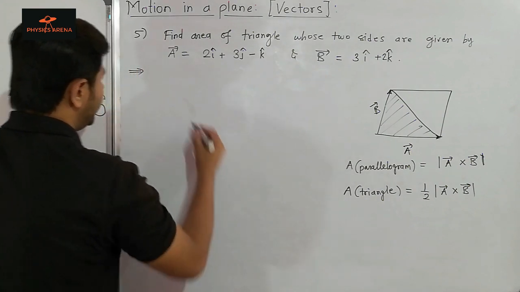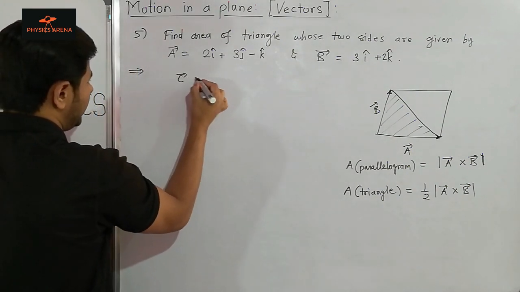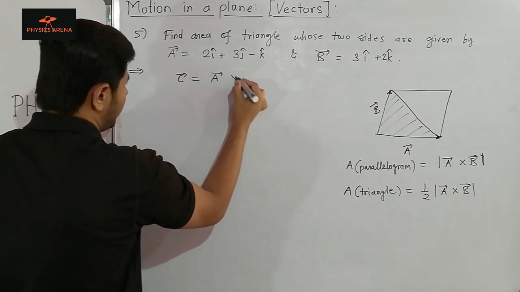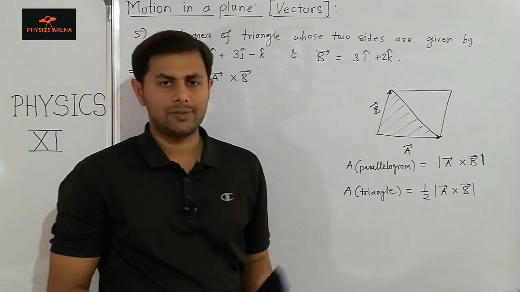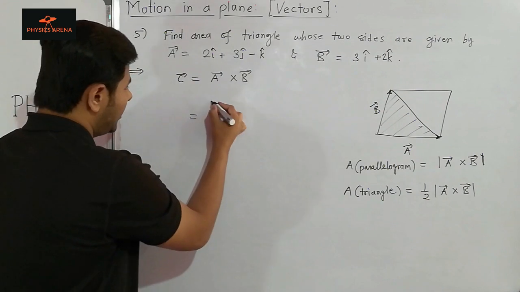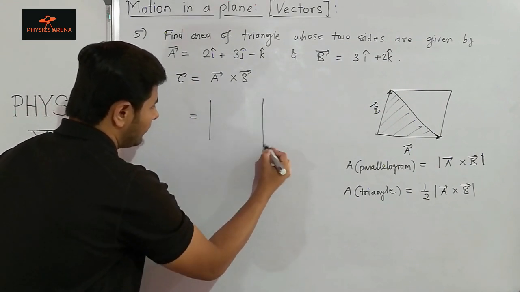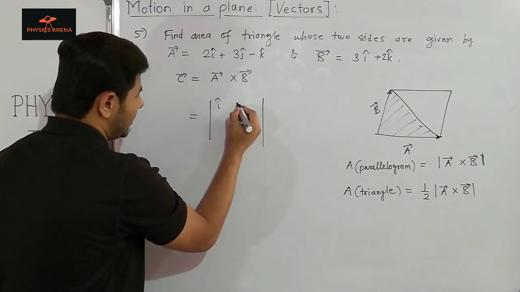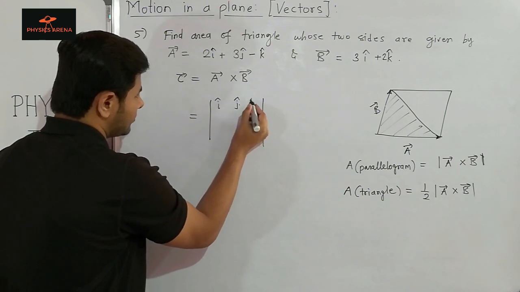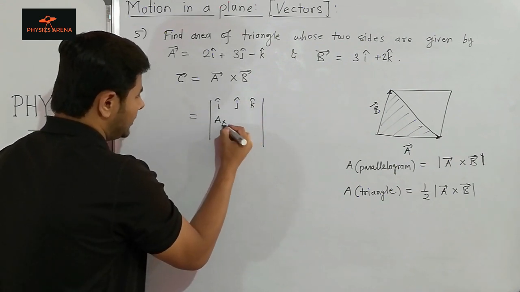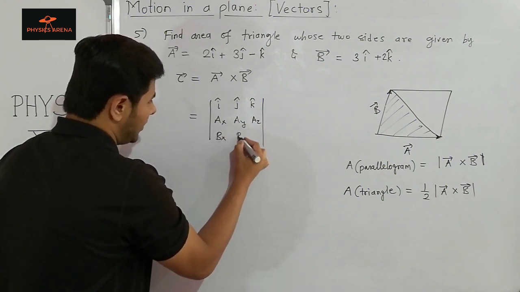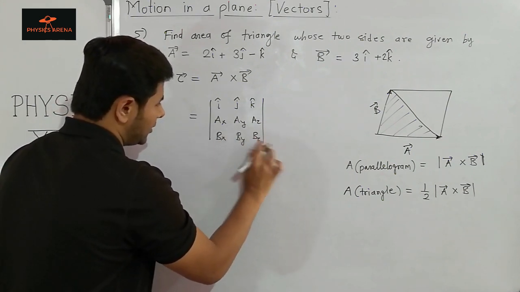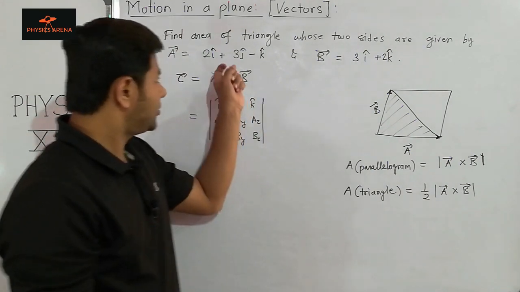So let's find c bar, which is equal to a bar cross b bar. We know how to find a bar cross b bar. It is the determinant of i, j, k, then ax, ay, az, and bx, by, bz, the third row. Let's substitute these values.